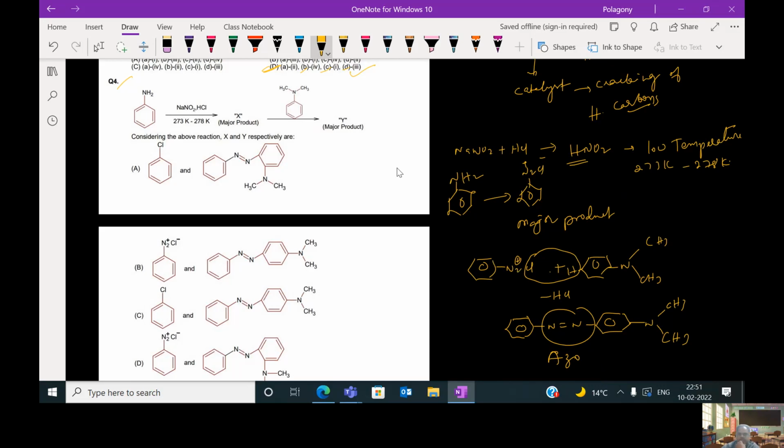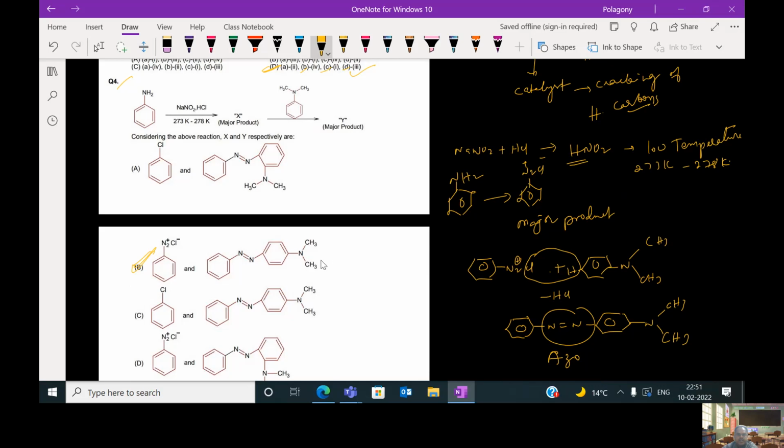Now let us look at the options. Option A has chlorine, so it is not appropriate. If you look at B, diazonium chloride, then B seems to be right, 100%.